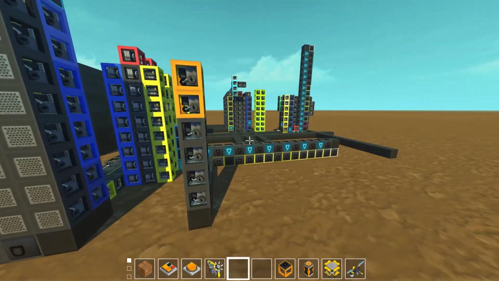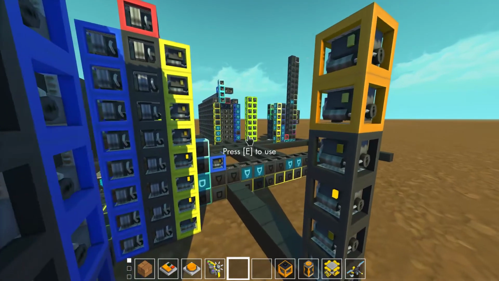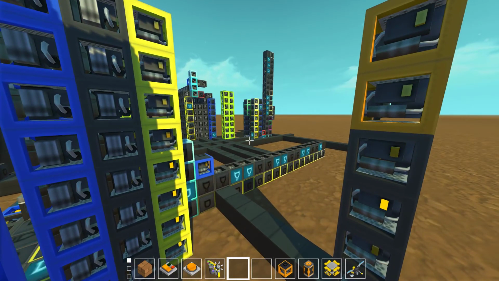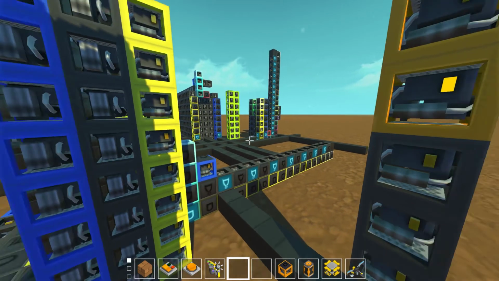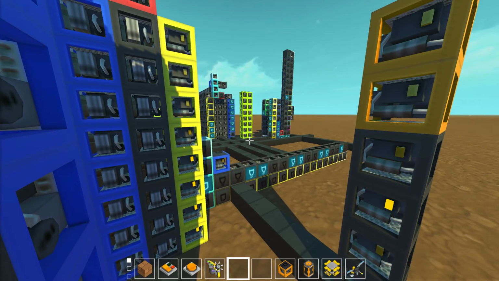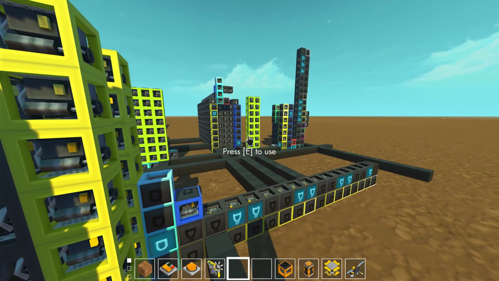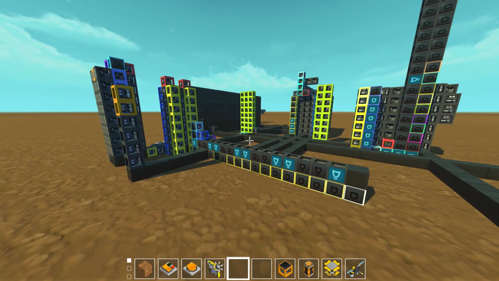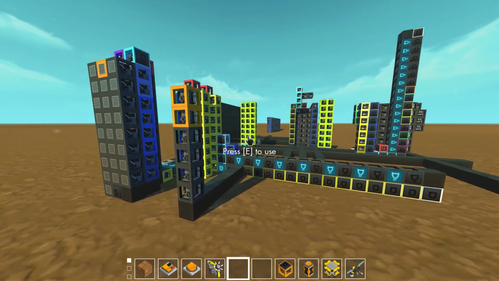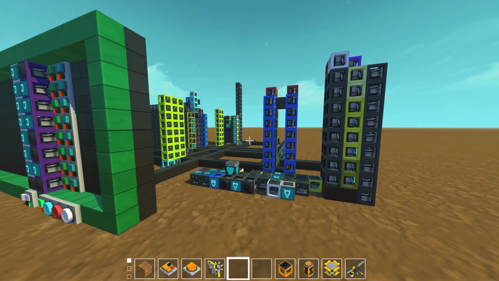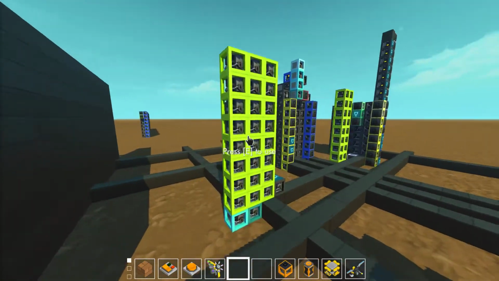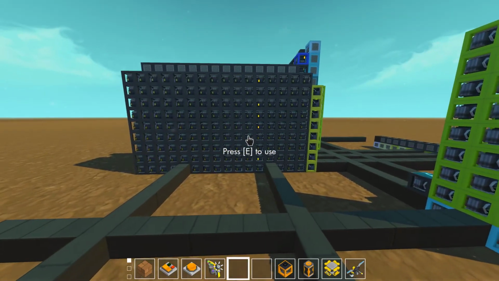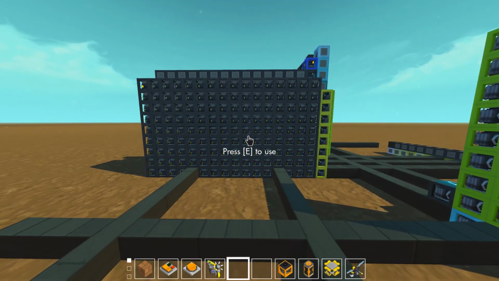This over here is what the components look like in operation. Over here you can see the registers being physically accessed.